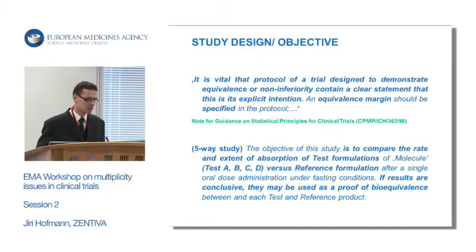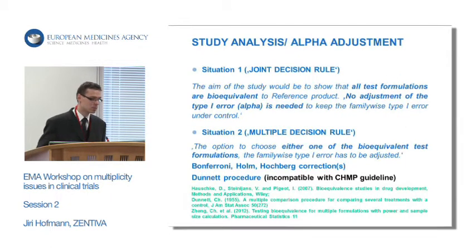Next slide, please. And now I'm coming to the statistical analysis, and basically we have 3 possible scenarios or situations. In situation 1, the so-called joint decision rule, there is no alpha adjustment needed, because the aim of the study is to show that all test formulations are bioequivalent to the reference.